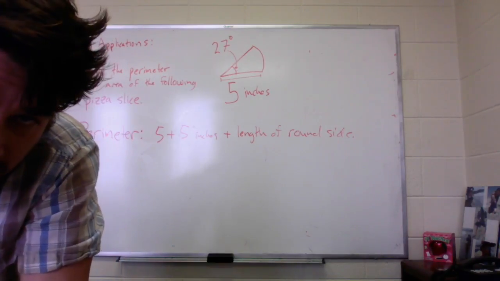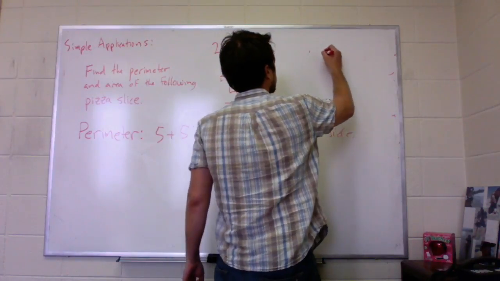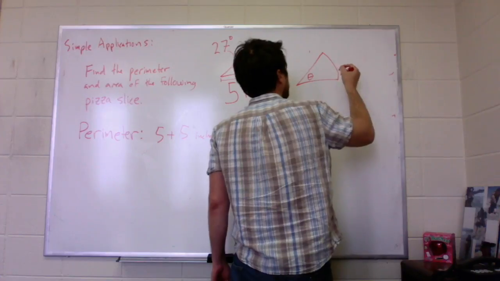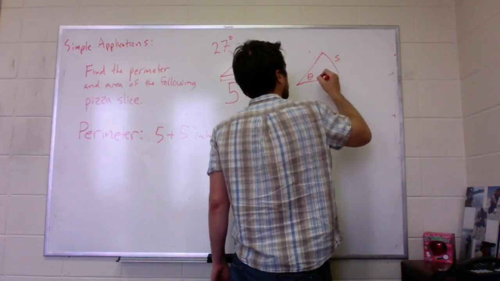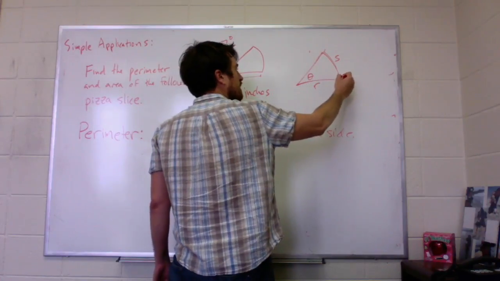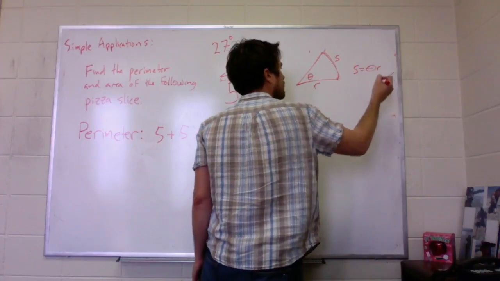And of course, to find the length of the round side, we have a nice formula. According to our formula for sectors of a circle, if I have any circle of radius r, and I want to figure out this arc length s, it is given by s equals theta times r.